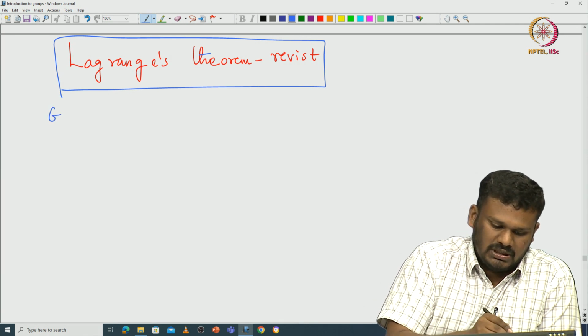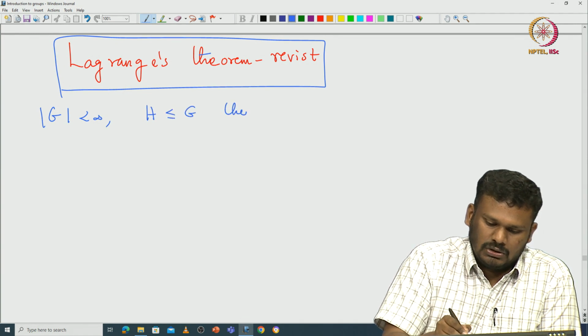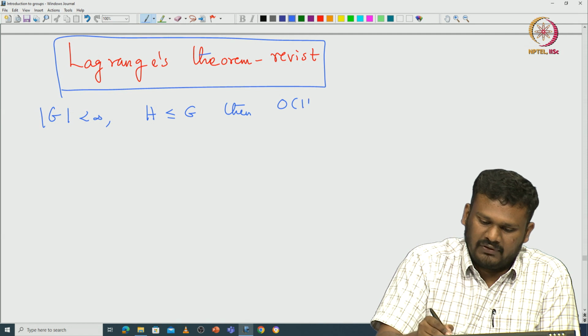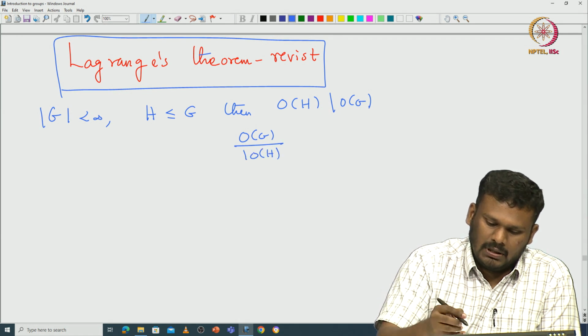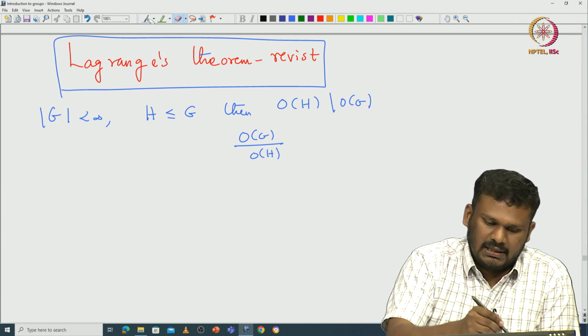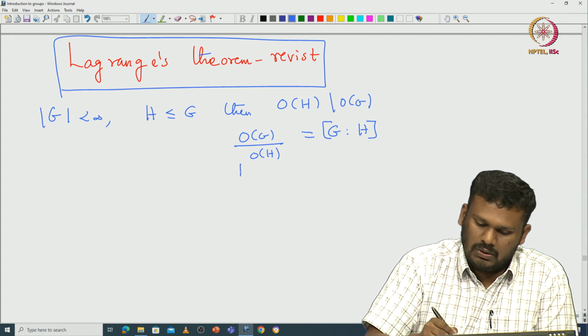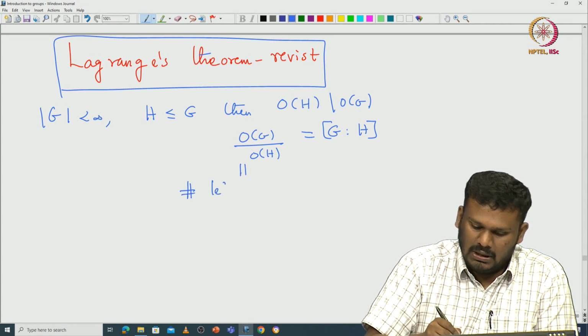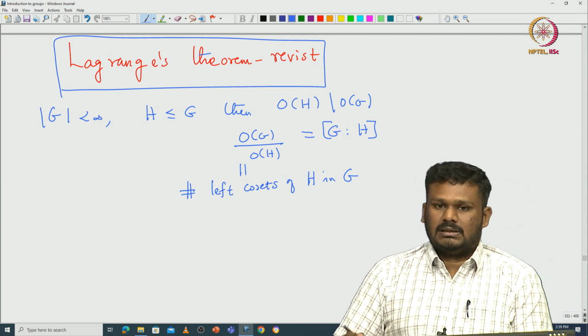Recall, G is a finite group and H is a subgroup of G. If this is given, then the order of H divides the order of G. In particular, the order of G divided by the order of H is going to be exactly equal to the index of H in G. So, this is going to count exactly the number of left cosets of H inside G. So, this is Lagrange's theorem.